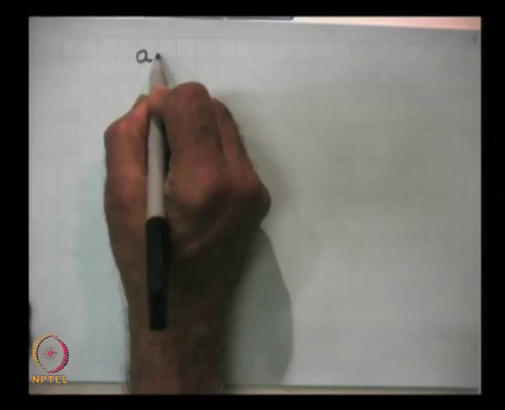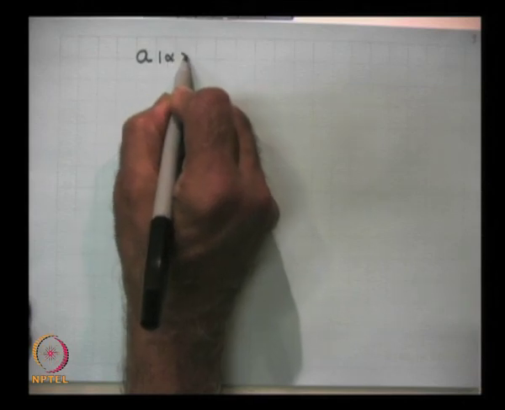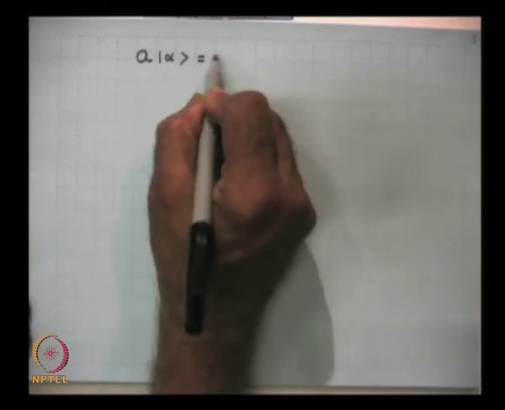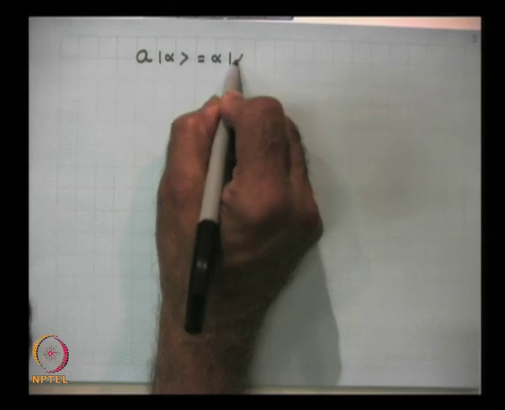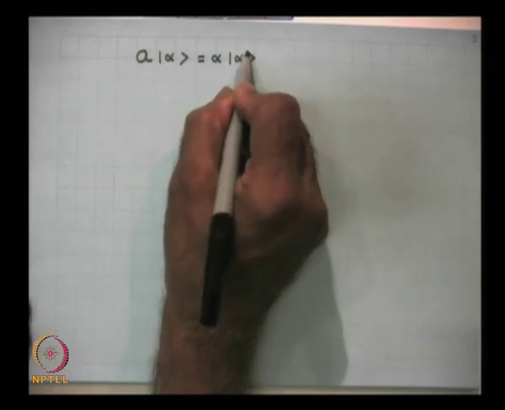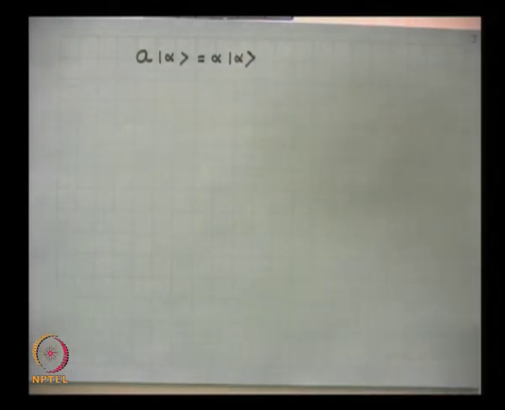Now, in our last lecture, what we had started is that we wanted to solve this eigenvalue equation A ket alpha is equal to alpha ket alpha. As we had mentioned in our last lecture, A is a non-Hermitian operator, it is not a real operator.